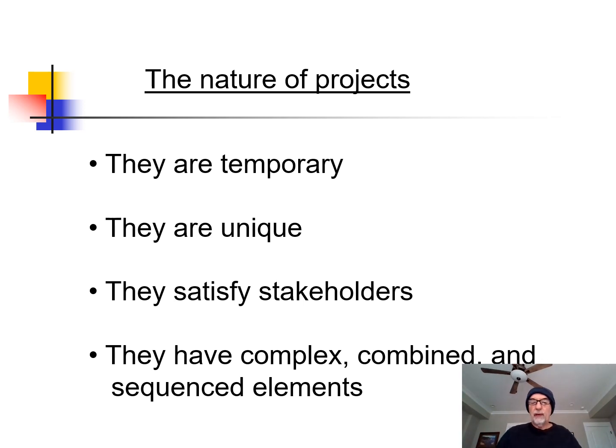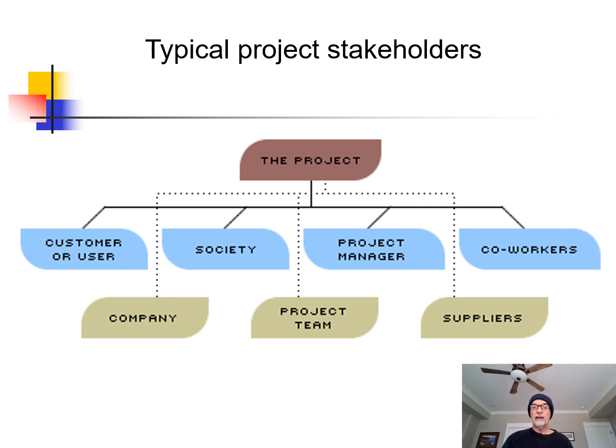Just to emphasize the nature of projects, they're temporary, so they don't last forever. We already talked about that they're unique, they satisfy stakeholders, and they're complex, combined, and they have elements that are sequenced. Now, in terms of stakeholders, here's a slide that elaborates on that.